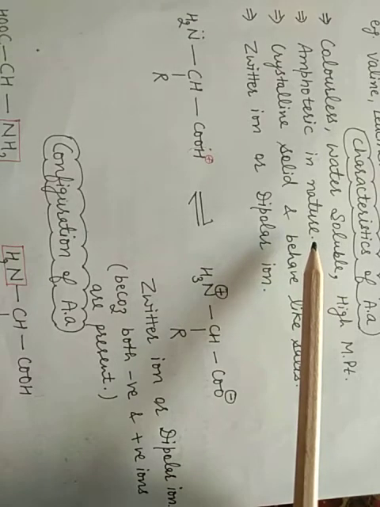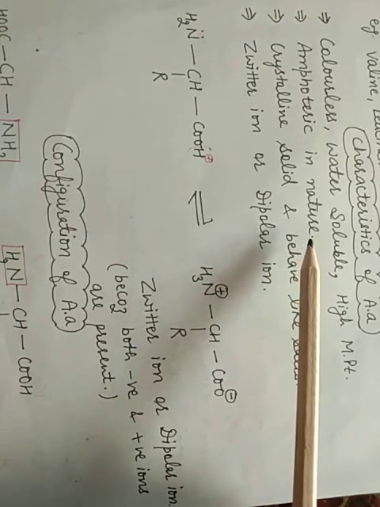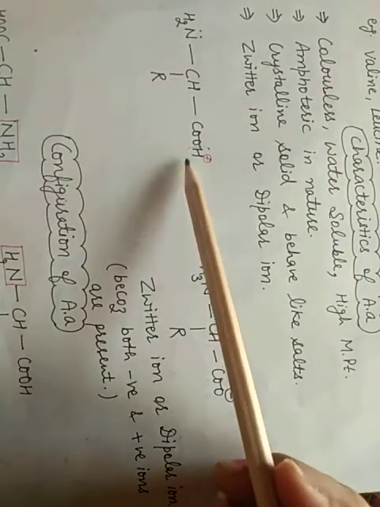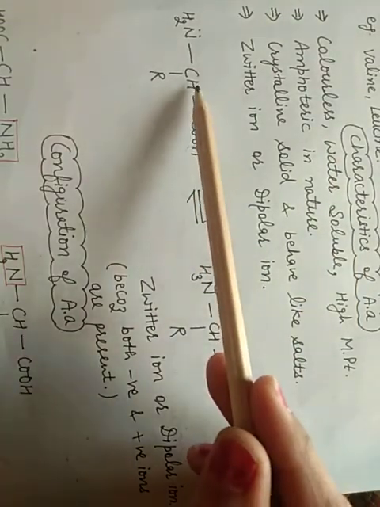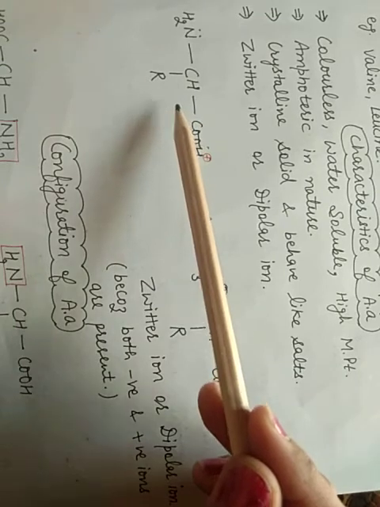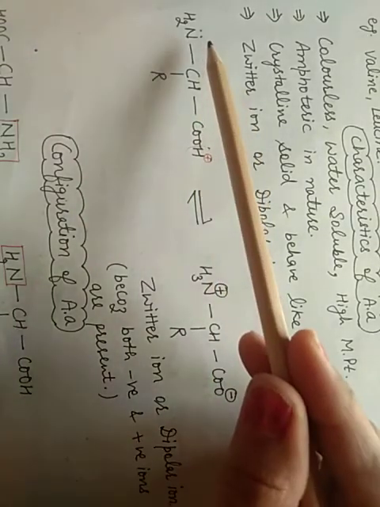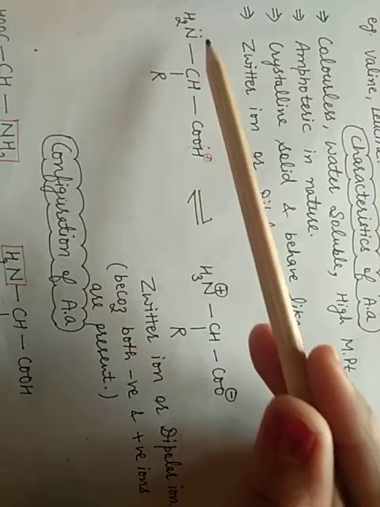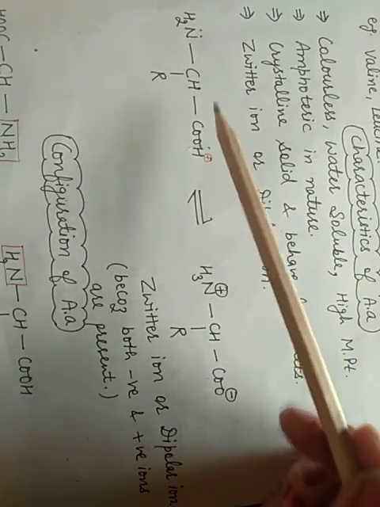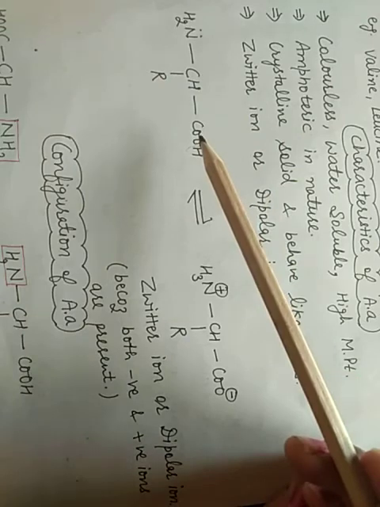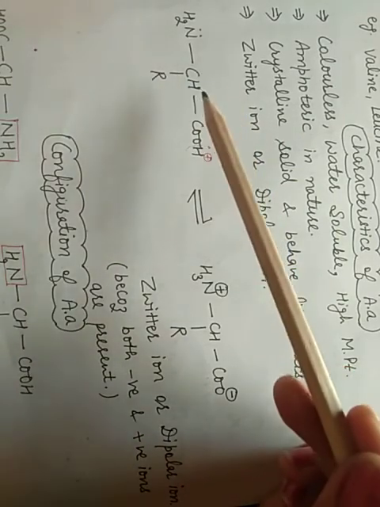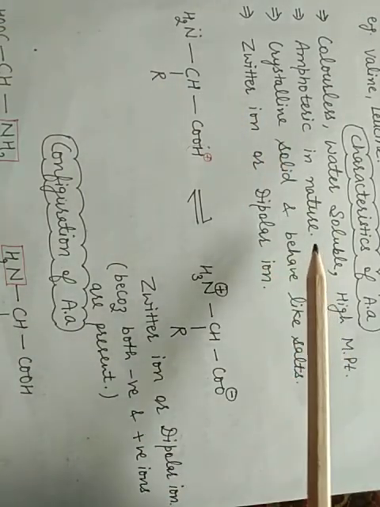Amphoteric means it behaves like an acid as well as a base. See this structure. This is the general structure of alpha amino acid. It has one carboxylic group and one basic group, one acidic and one basic. So in this structure, both acidic and basic groups are present. That's why it is amphoteric in nature.